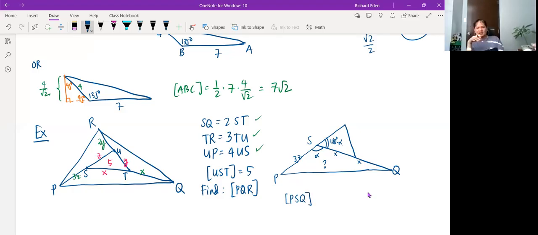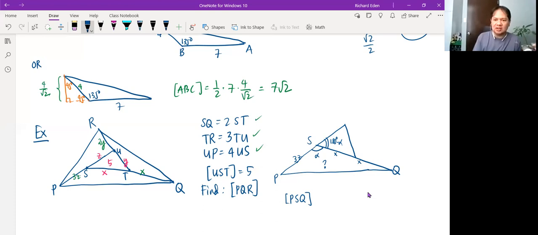We don't know the length of PQ, so we can't use Heron's formula. Well, we do have representations for PS and SQ as 3Z and 2X respectively. It's rather difficult to find the representation for their heights.